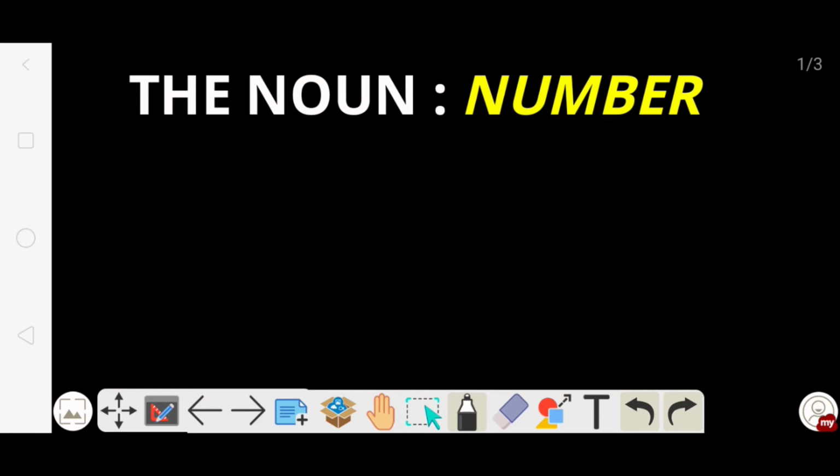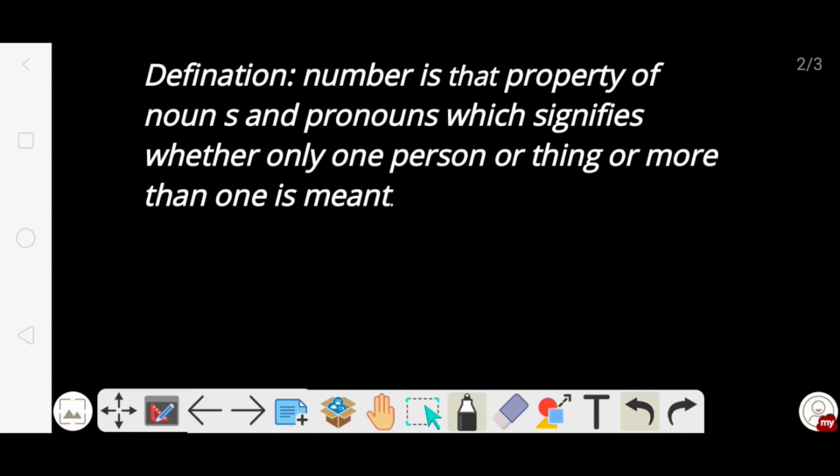Let us see what our definition says here.